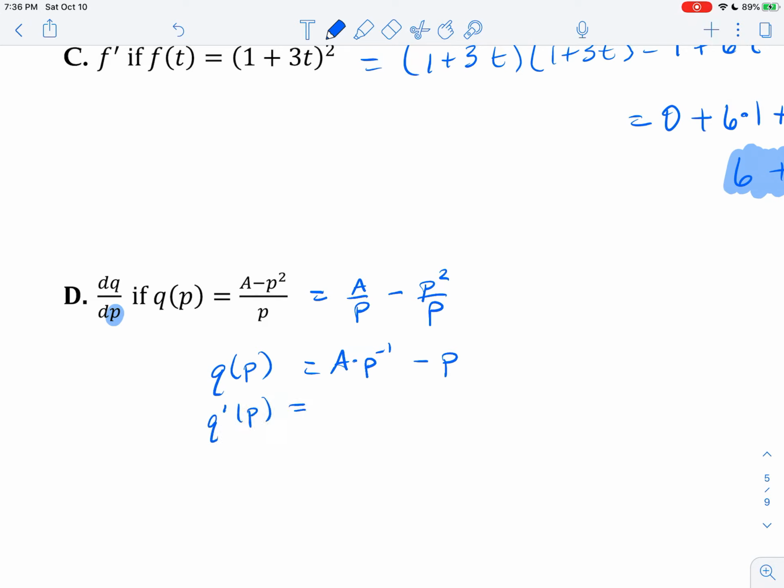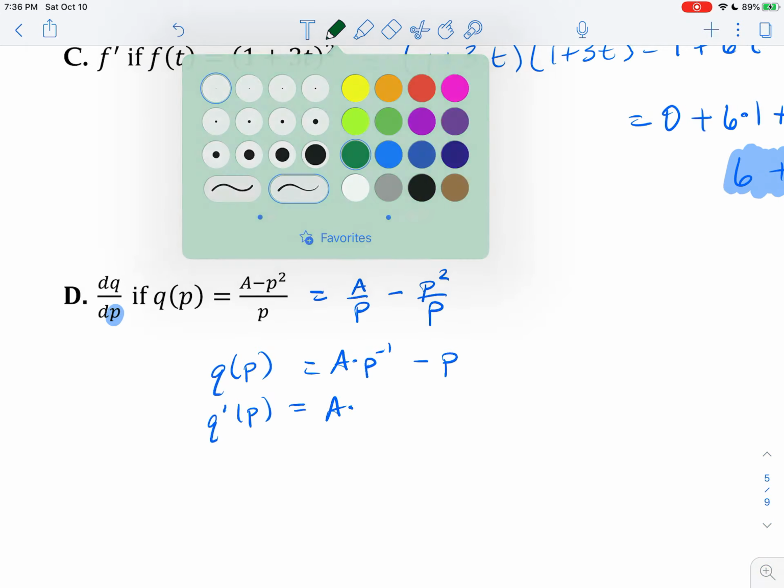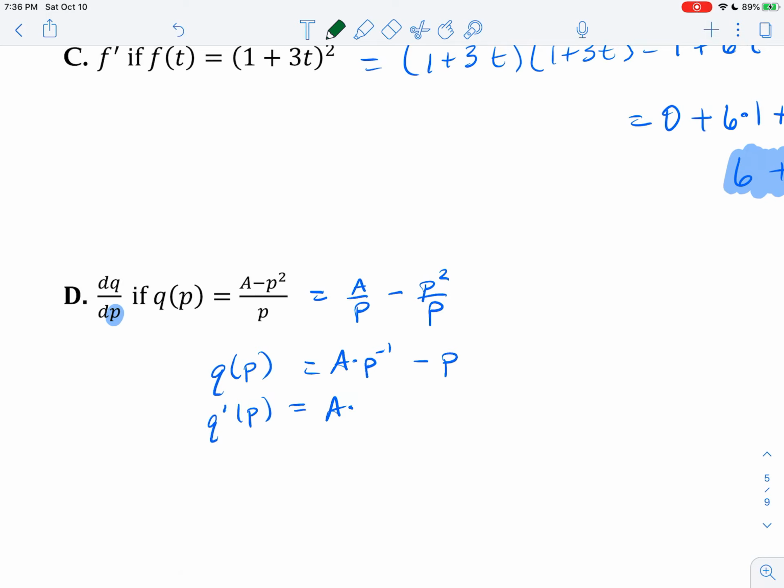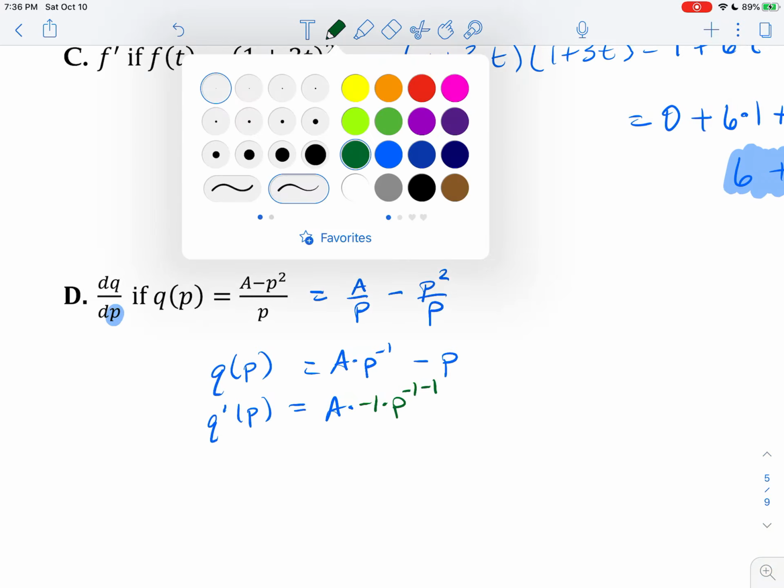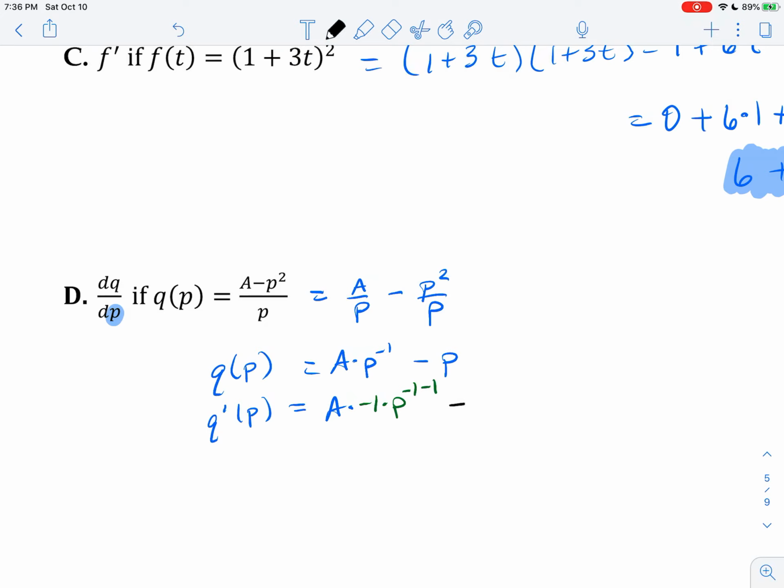So what is my q prime of p? That a is just my constant, right? And now here I am taking the derivative of p to the minus 1. I can take the minus 1 down, and then I'm going to subtract 1. And what is the derivative of p? It's just 1, right?